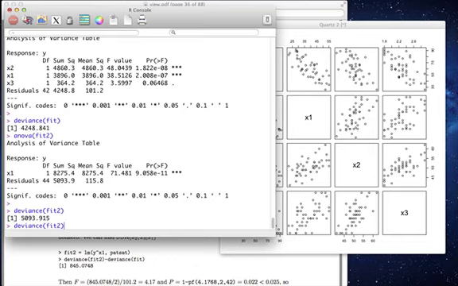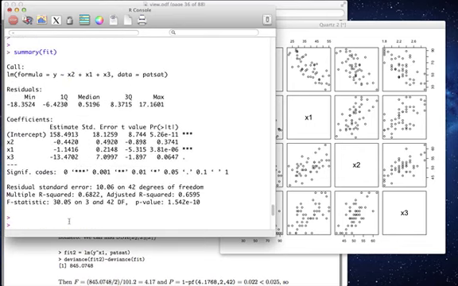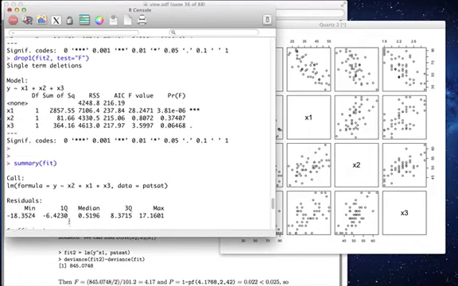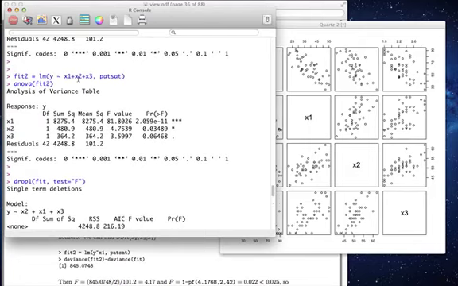So if I take the difference of the deviances, fit2 less fit1, this tells us the additional explaining that is done by those two terms, by adding x2 and x3. Now if we go back up and look at one of my previous ANOVA tables, in this model I added x2 then x3.